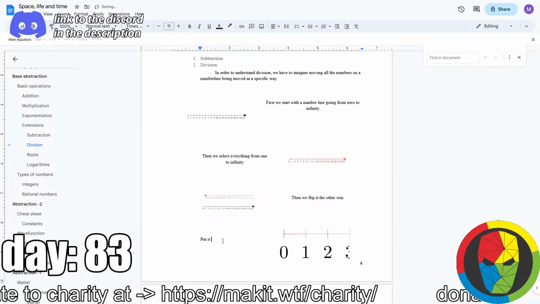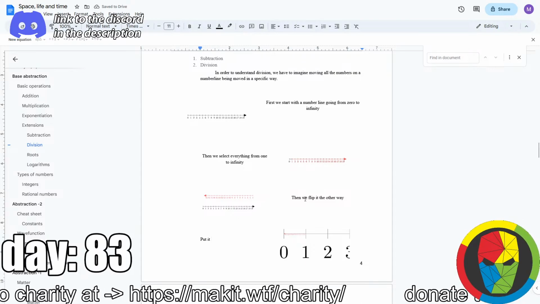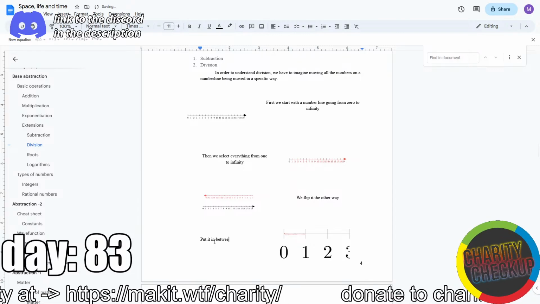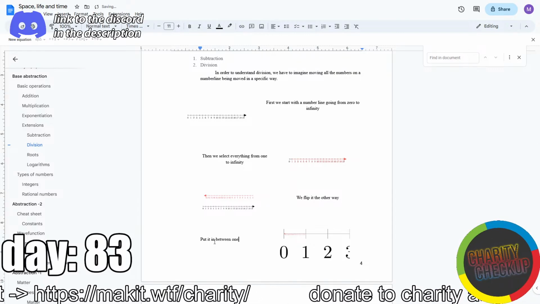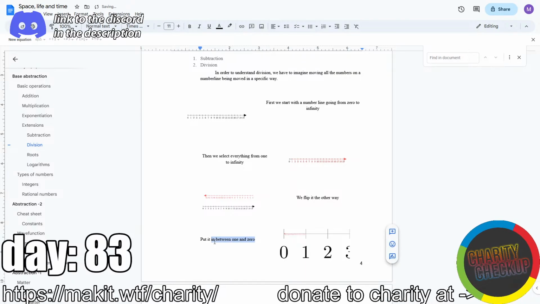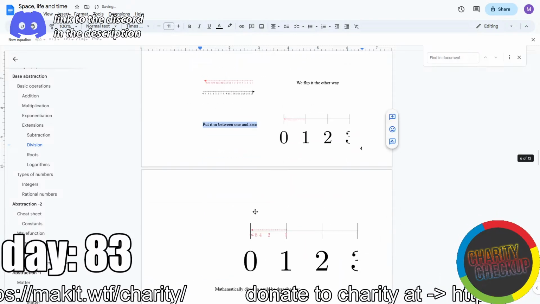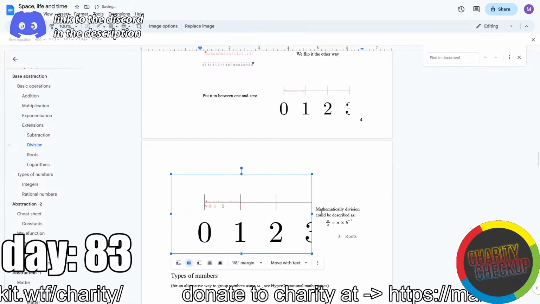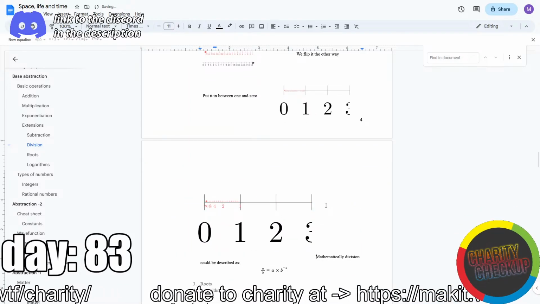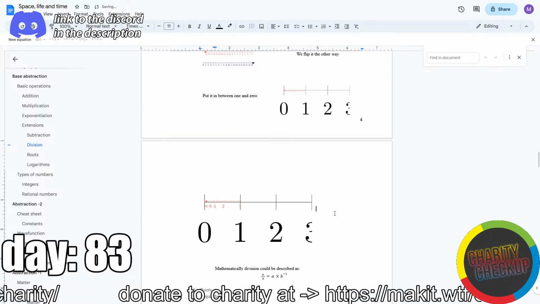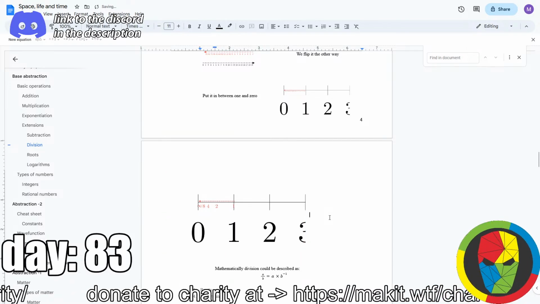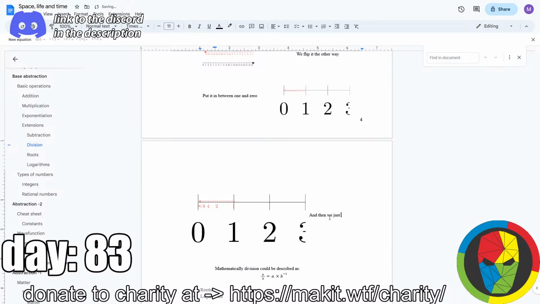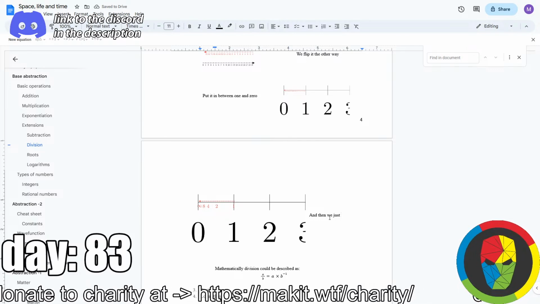Put it in between 1 and 0. And then we just, well, it's not logarithmic. Actually, it is logarithmic.